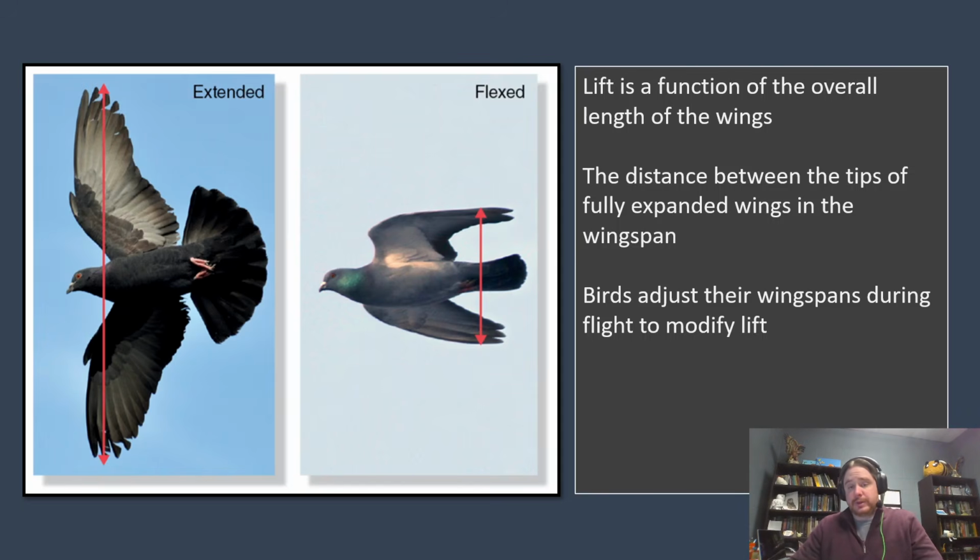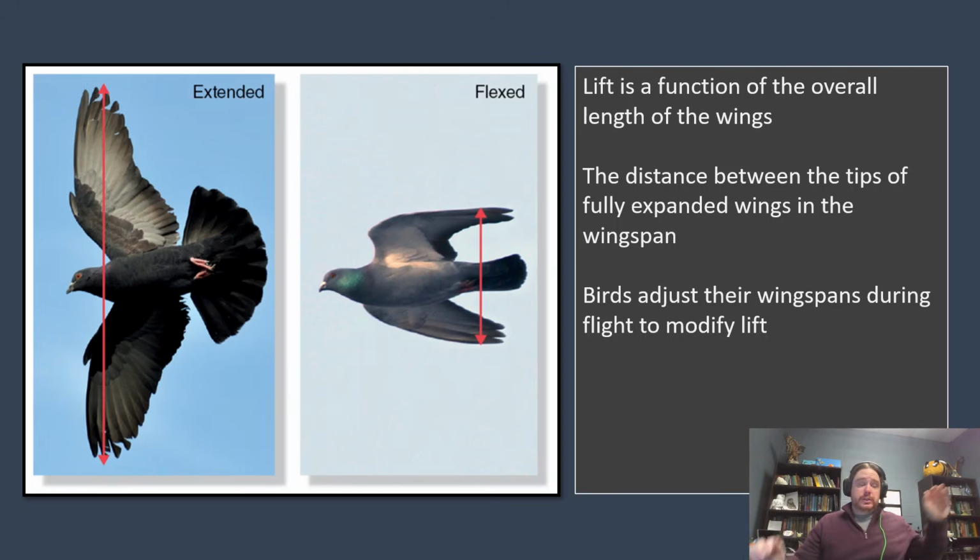One of the major factors contributing to how much lift can be generated with an airfoil is how long the airfoil is. So we can measure this in birds with wingspan, which is just the distance between the tips of the wings. If birds want greater lift, all they have to do is stretch out their wings.